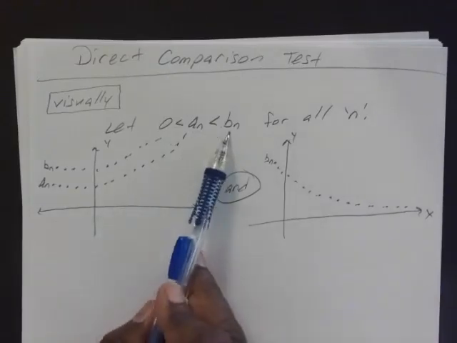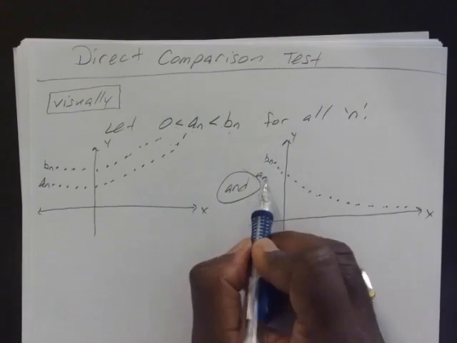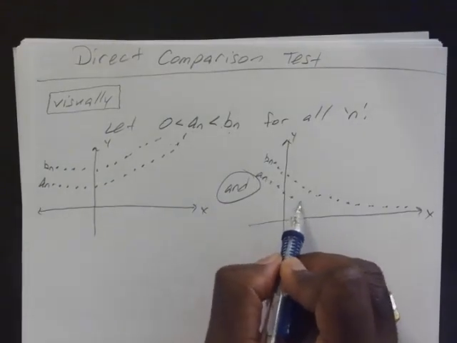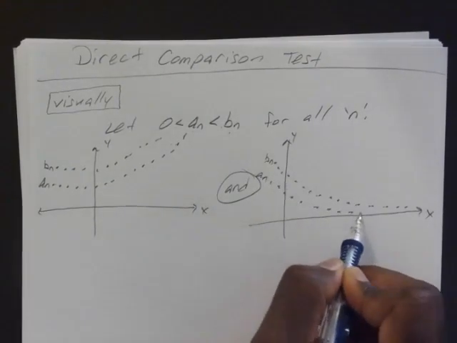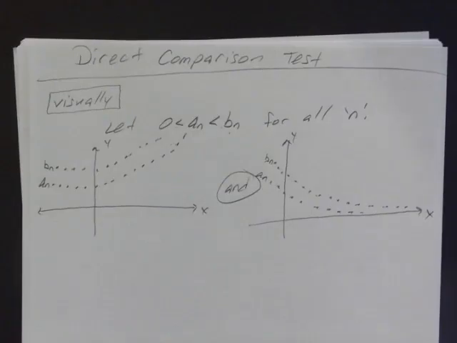Since a sub n is less than b sub n, then a sub n will also converge. And this idea gives us our direct comparison test.